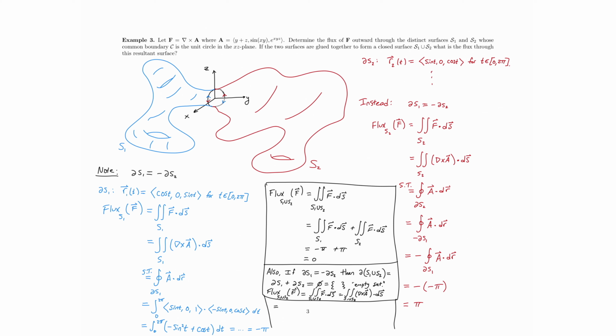Continuing from up here, we can use Stokes' theorem here to say that this is the line integral around the boundary of this, which is the empty set, A dot dr. Well, the line integral then must be 0, because this is integrating over nothing. So no matter how you look at it, we get the same answer.